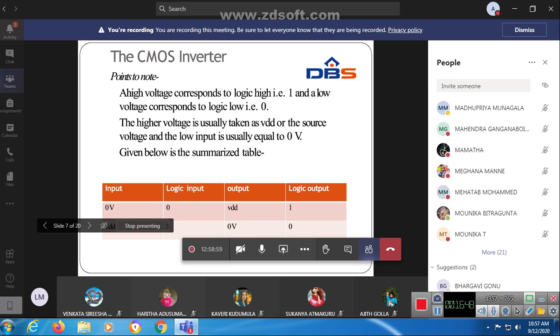The higher voltage is usually taken as VDD or the source voltage, and the low input is usually equal to 0 volts.